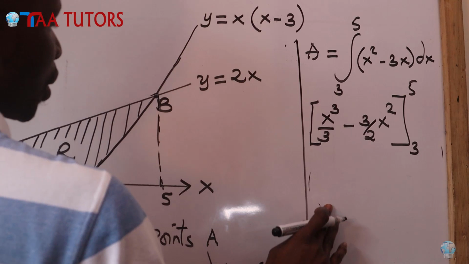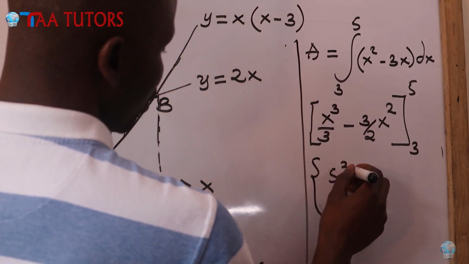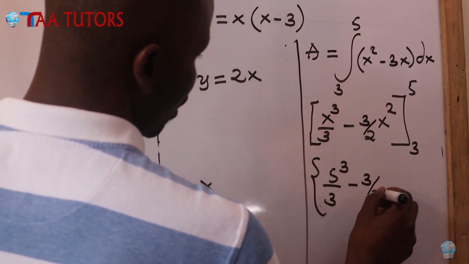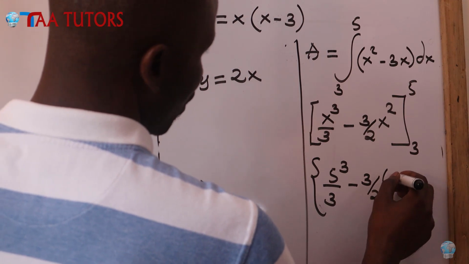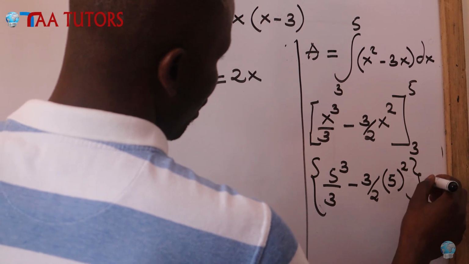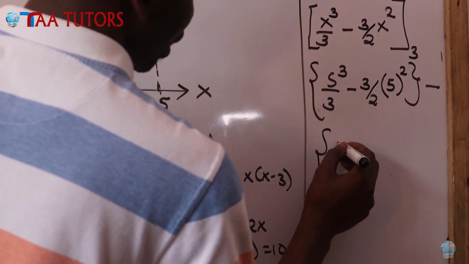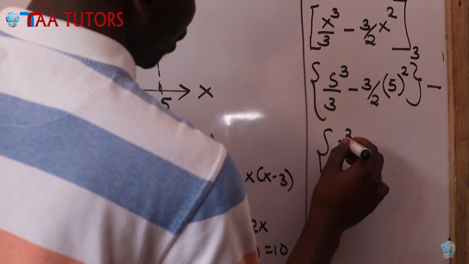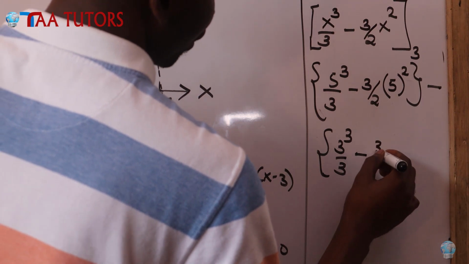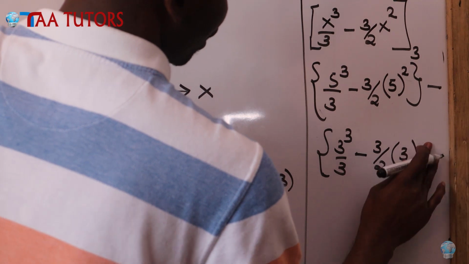First I substitute 5 for the upper limit, which is going to be 5 cubed over 3 minus 3 over 2 into 5 squared, minus the lower limit, which is 3 cubed over 3 minus 3 over 2 into 3 squared.